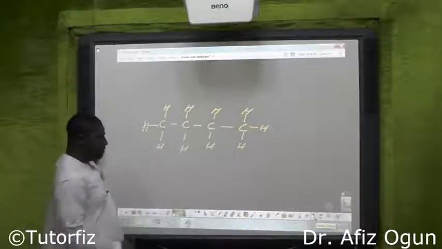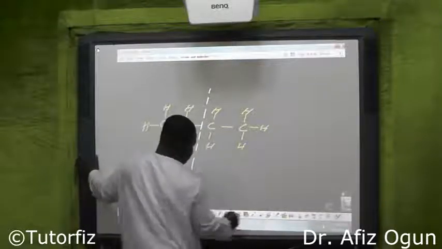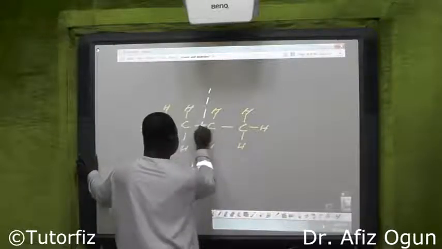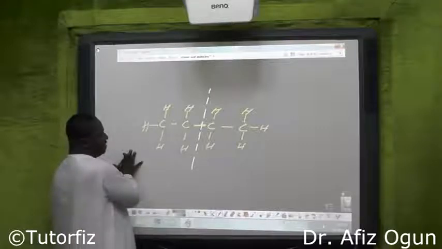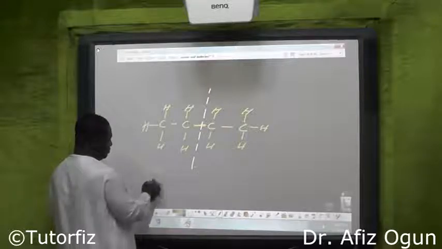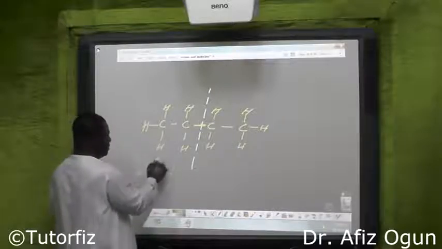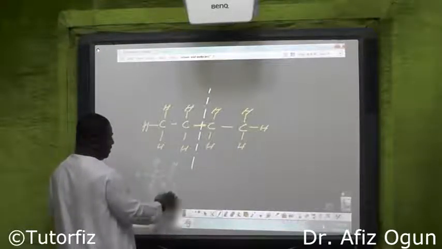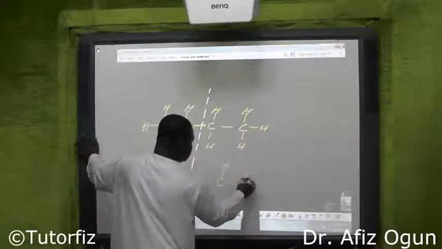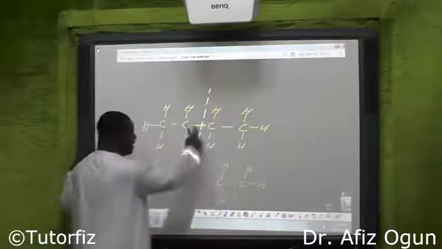What are the possibilities? First, if we break this bond right at the middle, it has divided this compound into two. One is CH3, the other one is also CH3, now the bond connecting them has been divided.